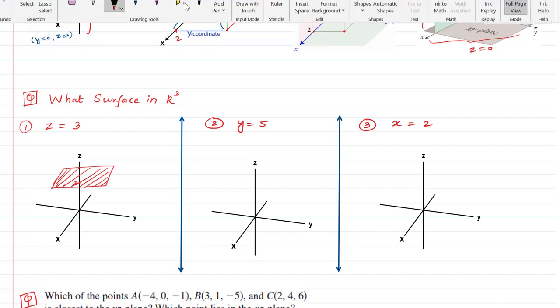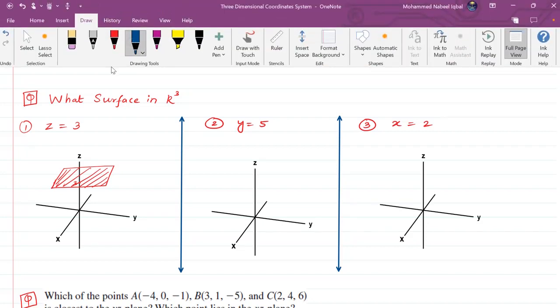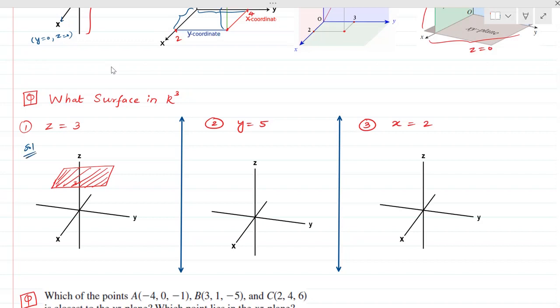Now the next one, we will have y equal to 5. Y equal to 5 means it will be here. Therefore it is the plane y equals 5, in which x is equal to 0 and z is equal to 0. Now the next one is x equals 2.